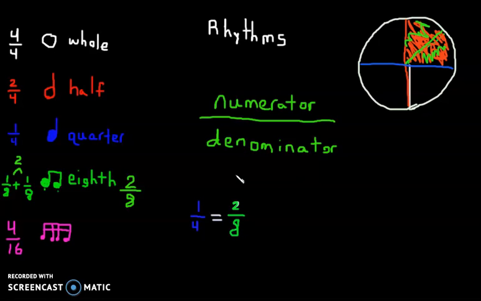Okay, so keeping that in mind, we're going to make a rhythm. We're going to make a 4-beat rhythm. So I'm going to make 4 lines.